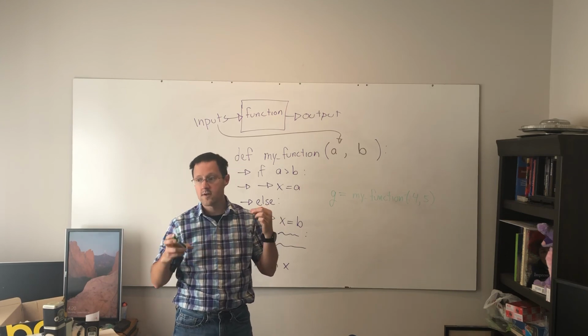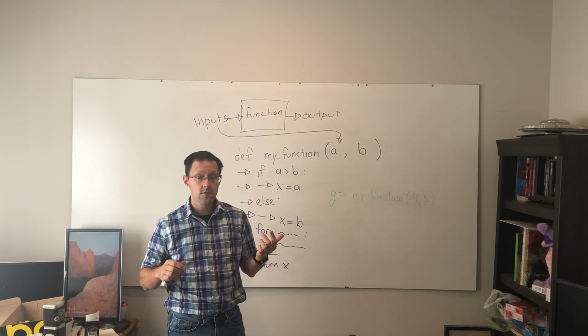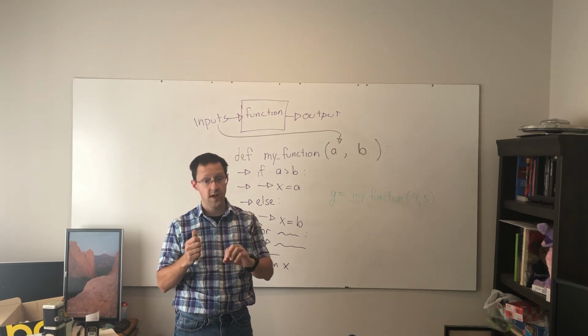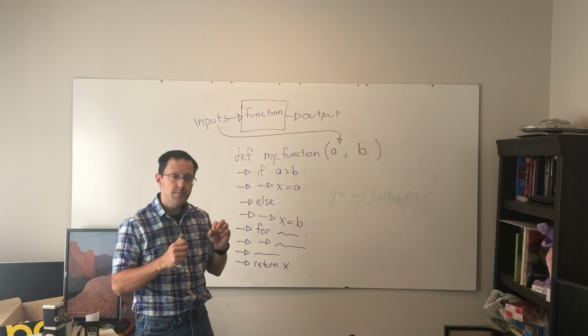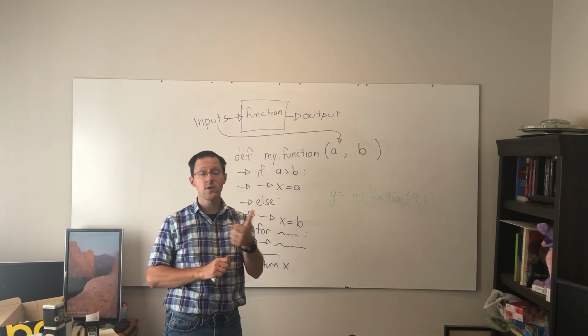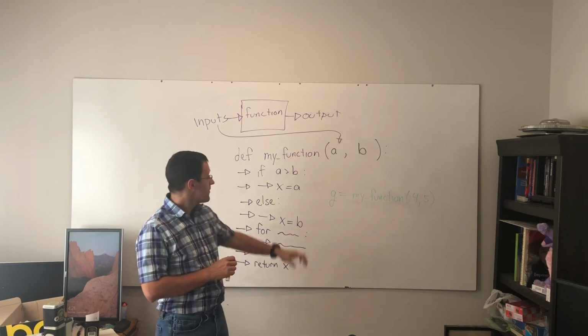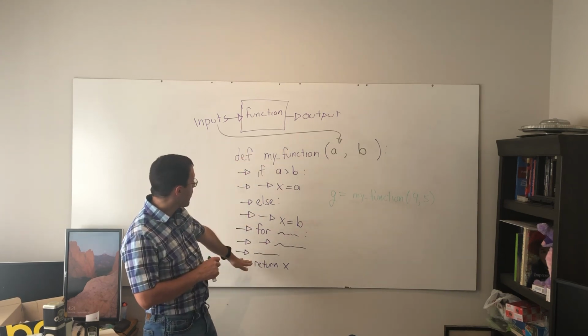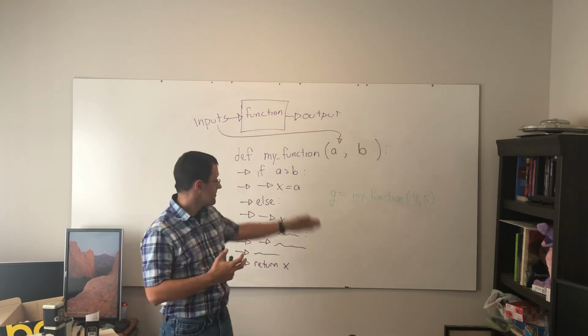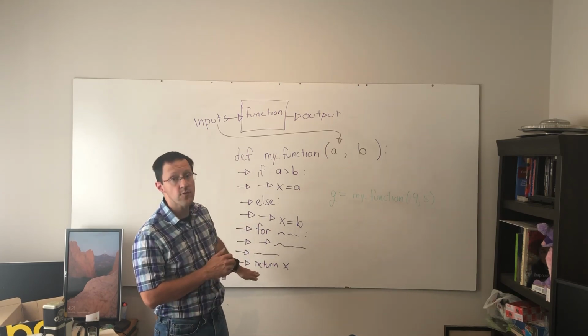So that is a quick overview of how functions work within Python. The main things here are that they are collections of code that you can reuse. So every single time you call my function, it is going to do this. So you don't have to type this whole sequence of statements over and over again.